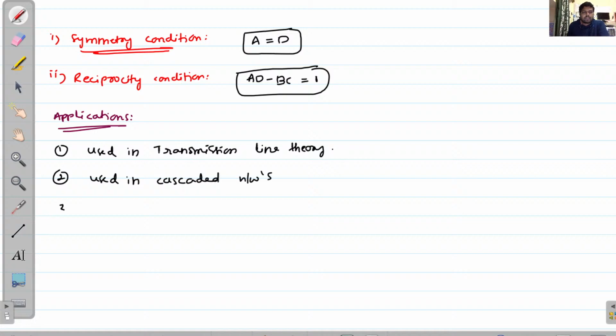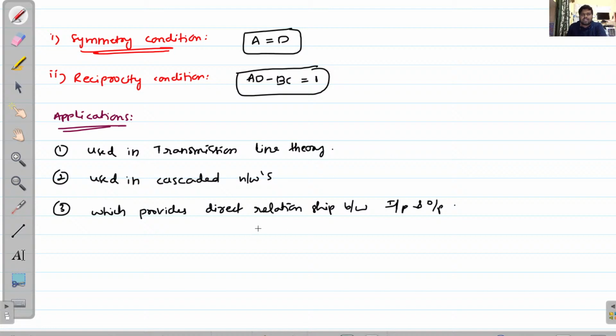And the third one, they provide a direct relationship between input and output.